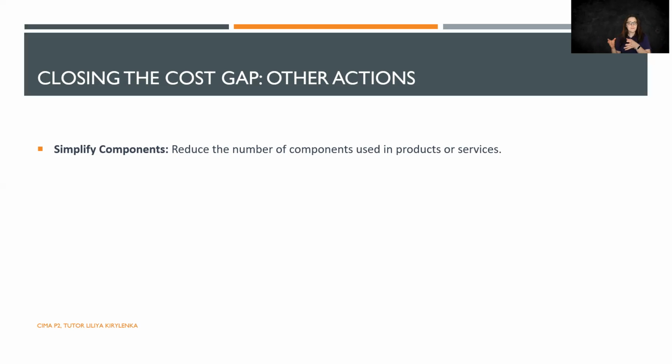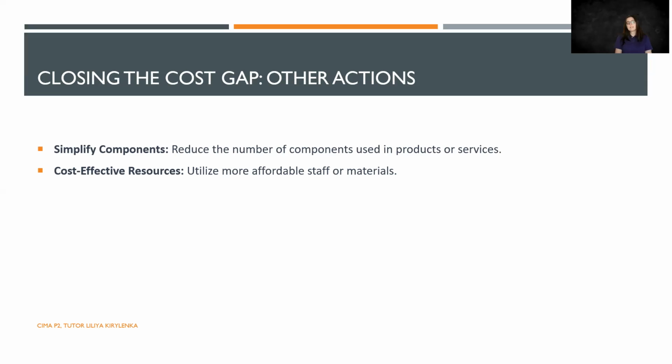So do we need that many bands or not? Do we need that many decorations or not? Do we need to produce the products from separate parts, or do we need to buy components that already have these very parts and just assemble the components? So simplify components.